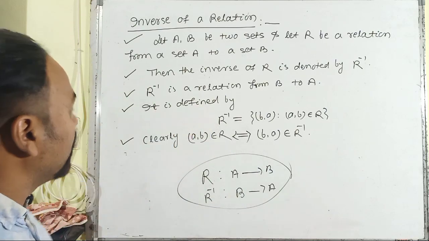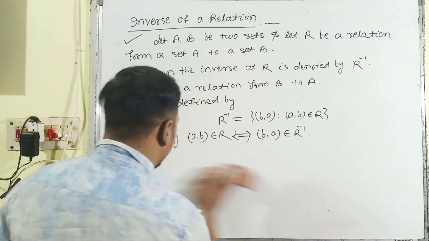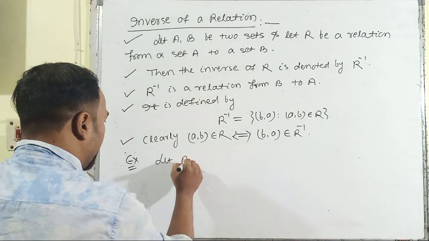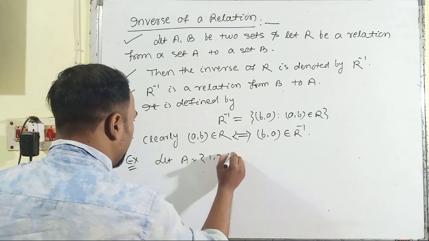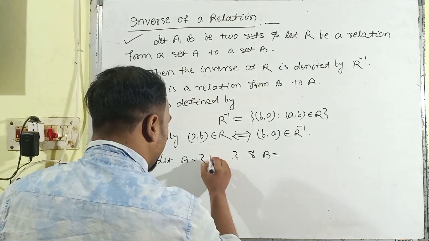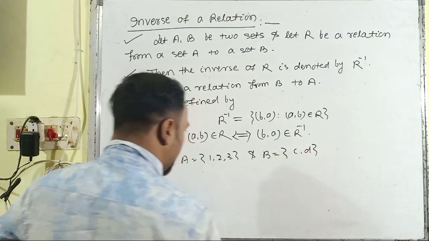So it is all about the inverse of a relation. Let us take an example so that it will be easy to understand. Let A be {1, 2, 3} and B be the set {c, d}.